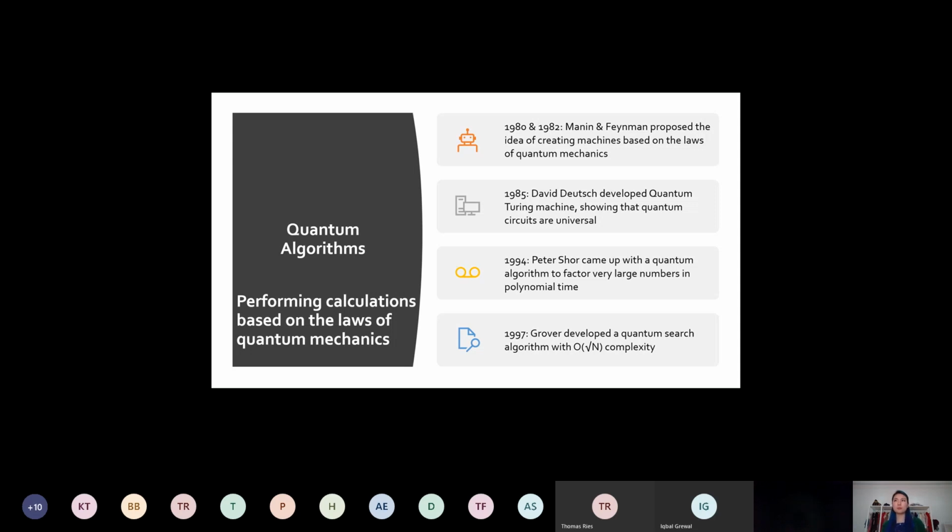Also, our RSA cryptography is based on our classical computers not being able to factorize really large numbers. So if we had quantum computers to do that, they could break the RSA encryption very quickly.